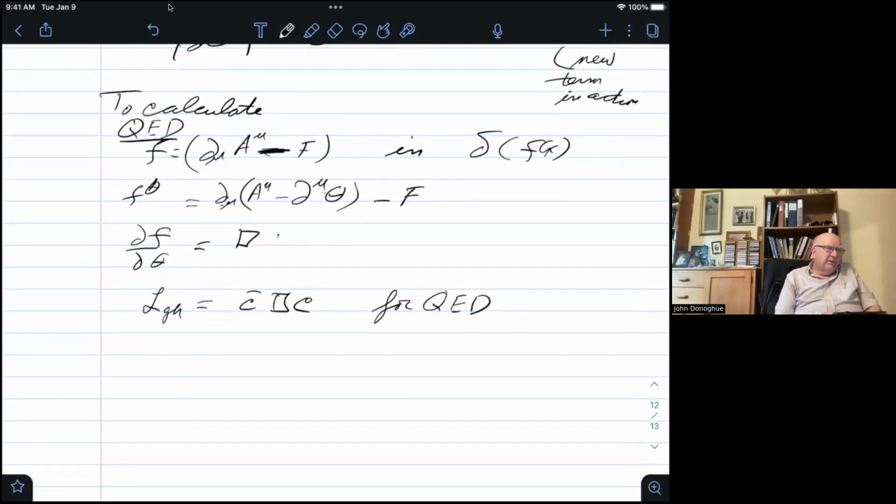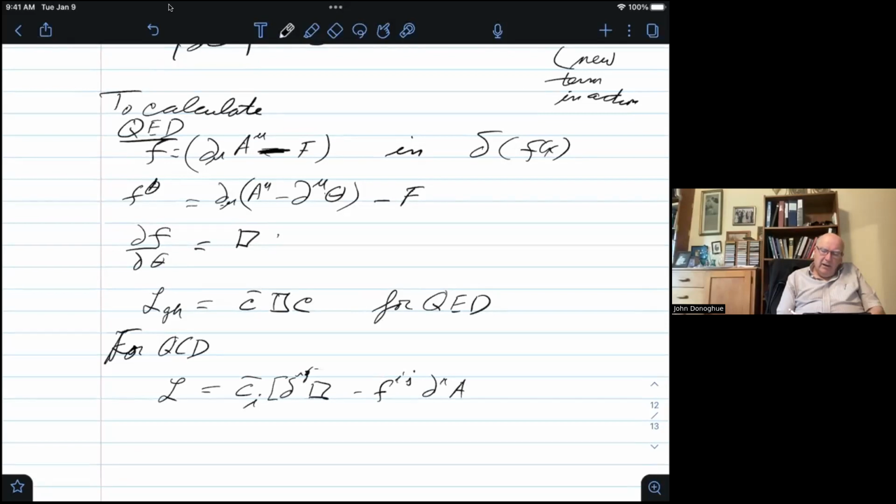If I do the same thing for QCD, or Yang-Mills, the ghost Lagrangian is almost that: c bar box, plus f i j k d mu A mu c k.